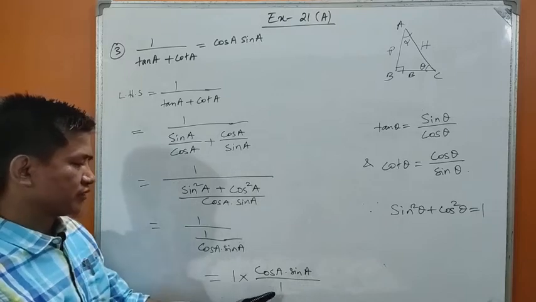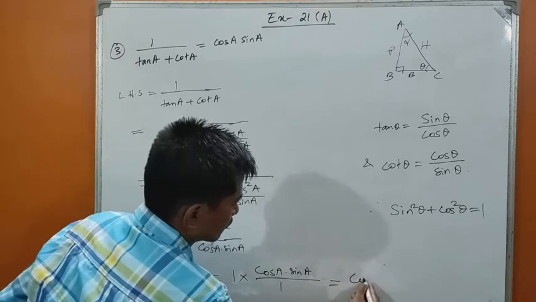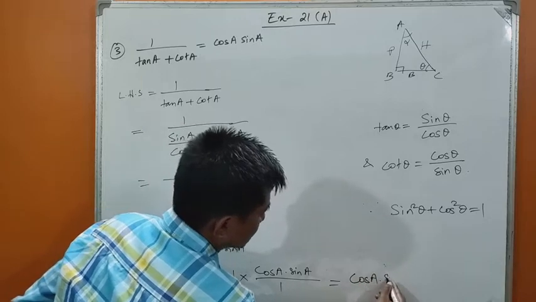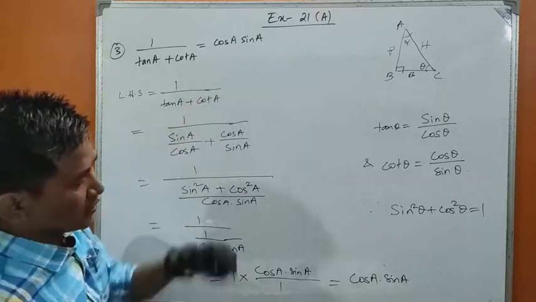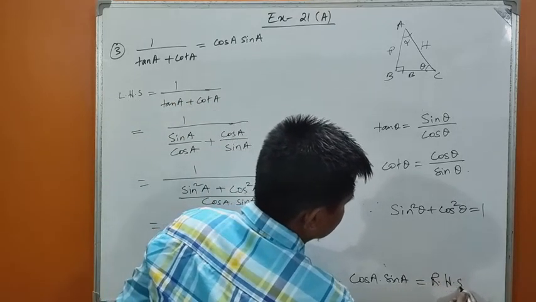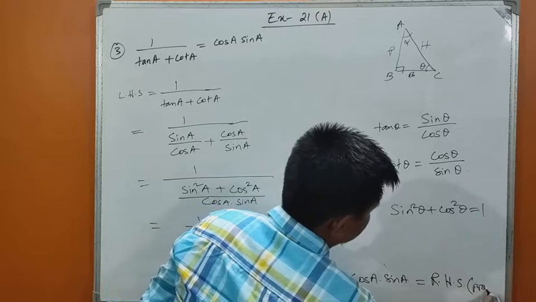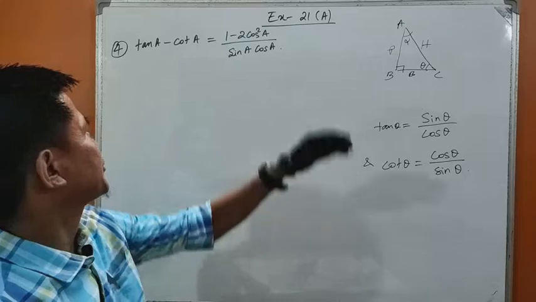That means 1 into this is cos A into sin A upon 1 is cos A into sin A, isn't it? So cos A dot sin A. So this is what we are asked to prove: cos A into sin A equals to right hand side. So this is proved. Now let us move to the next question.